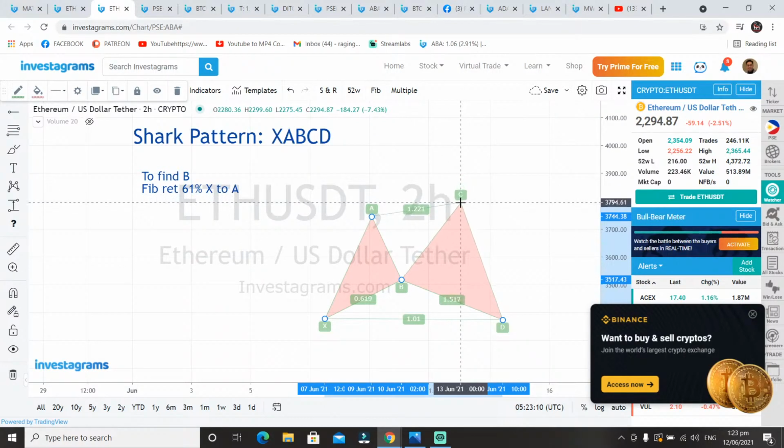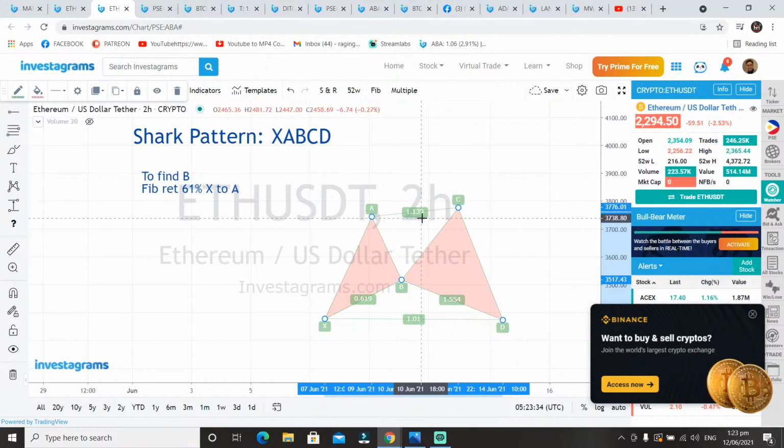If you lower this down, let's say this one, 1.11 or more, because 1.13. A little bit more than 1.13, or 113%.